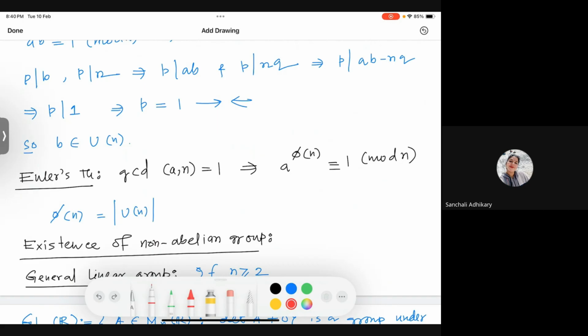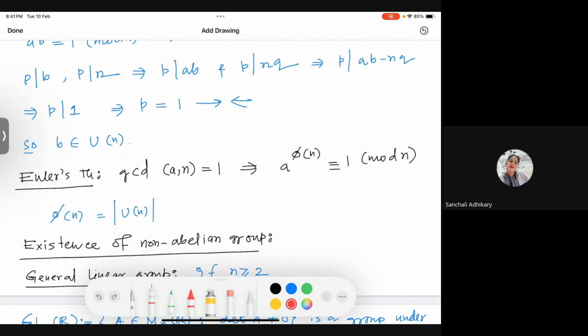There is a theorem called Euler's theorem. If GCD of a comma n is 1, then a to the power phi n is congruent to 1 mod n. There are lots of proofs. One is by the help of number theory.